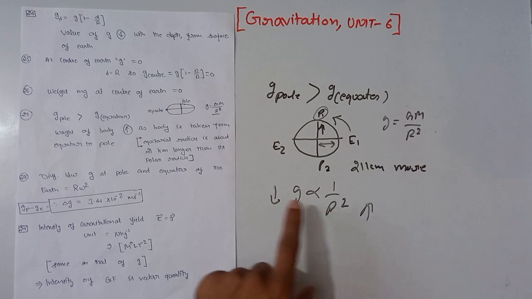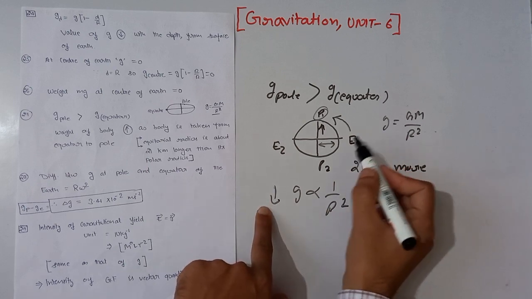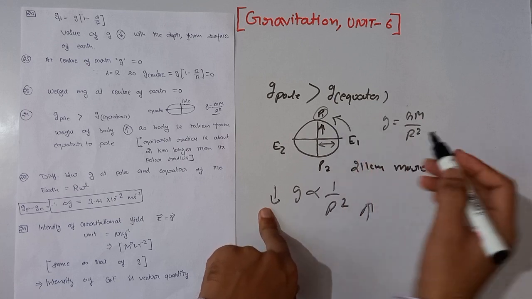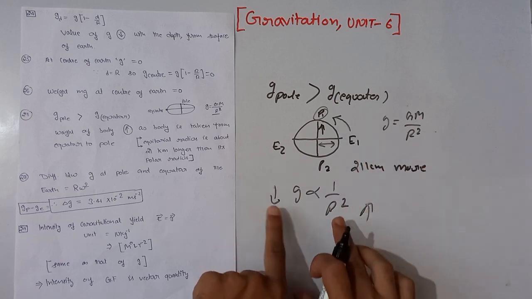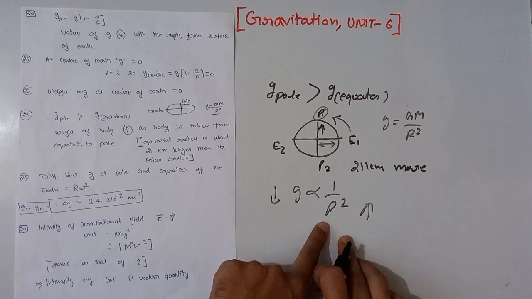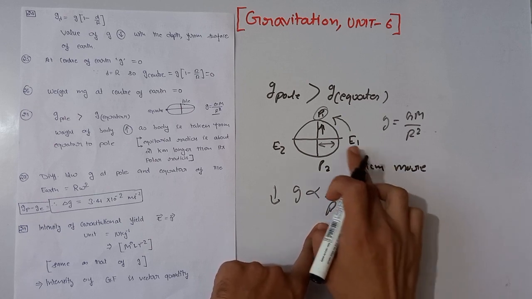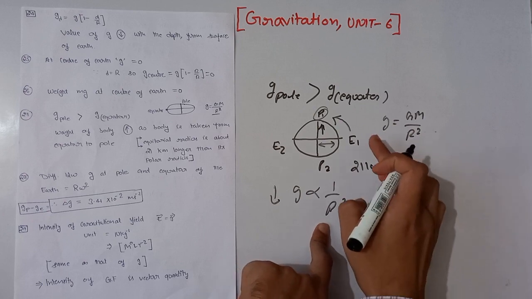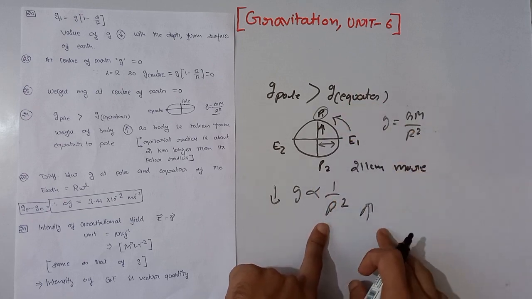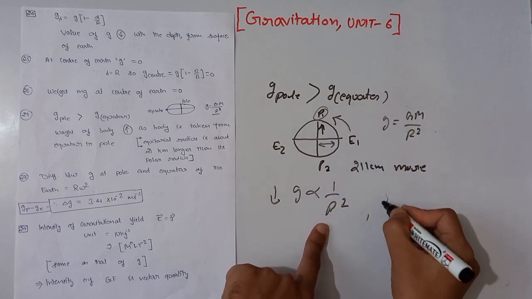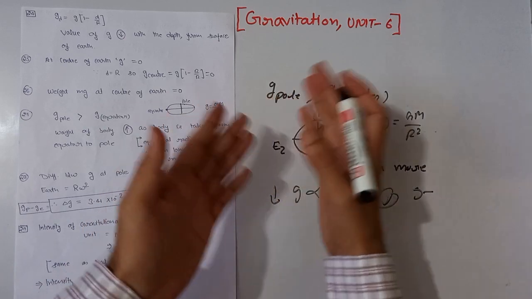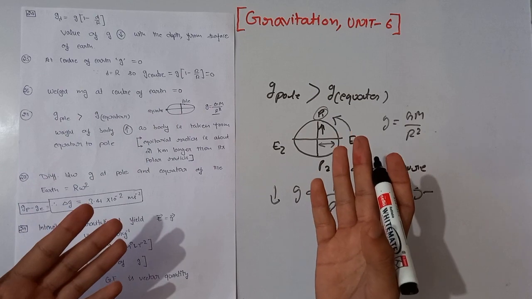As we move from the equator to the pole, the radius decreases. If the radius decreases, then the acceleration due to gravity increases, and as the acceleration due to gravity increases, the weight of the body also increases.